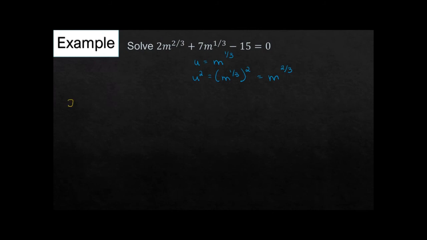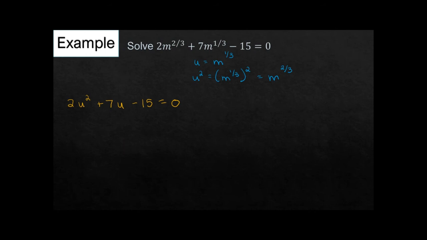So I have 2u squared, because m to the 2/3 power is u squared, plus 7u, since we set u as m to the 1/3, minus 15 equals 0.